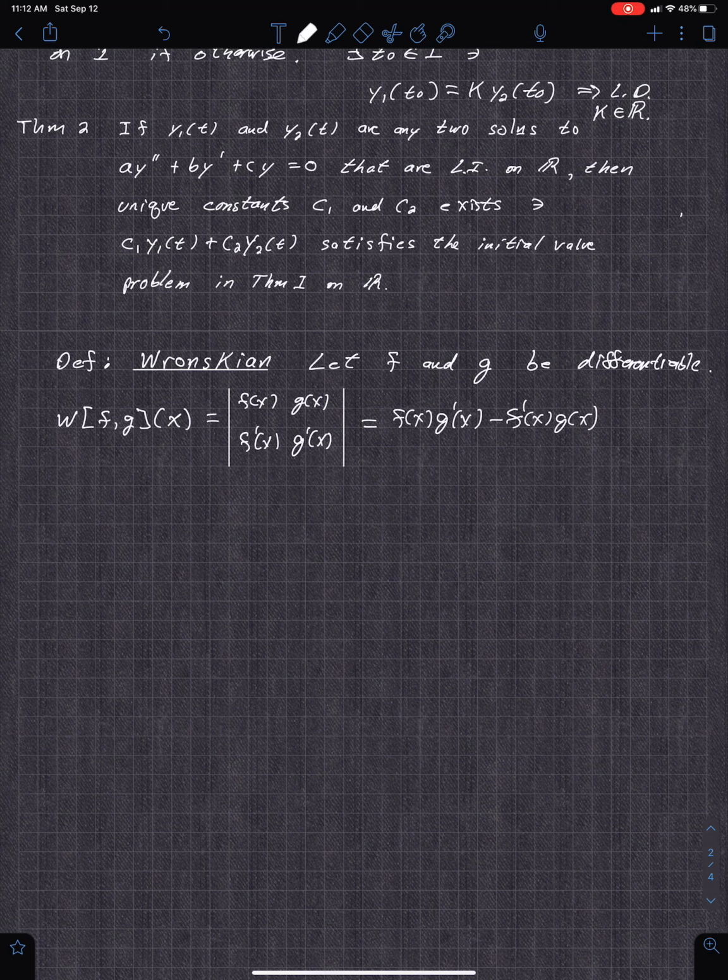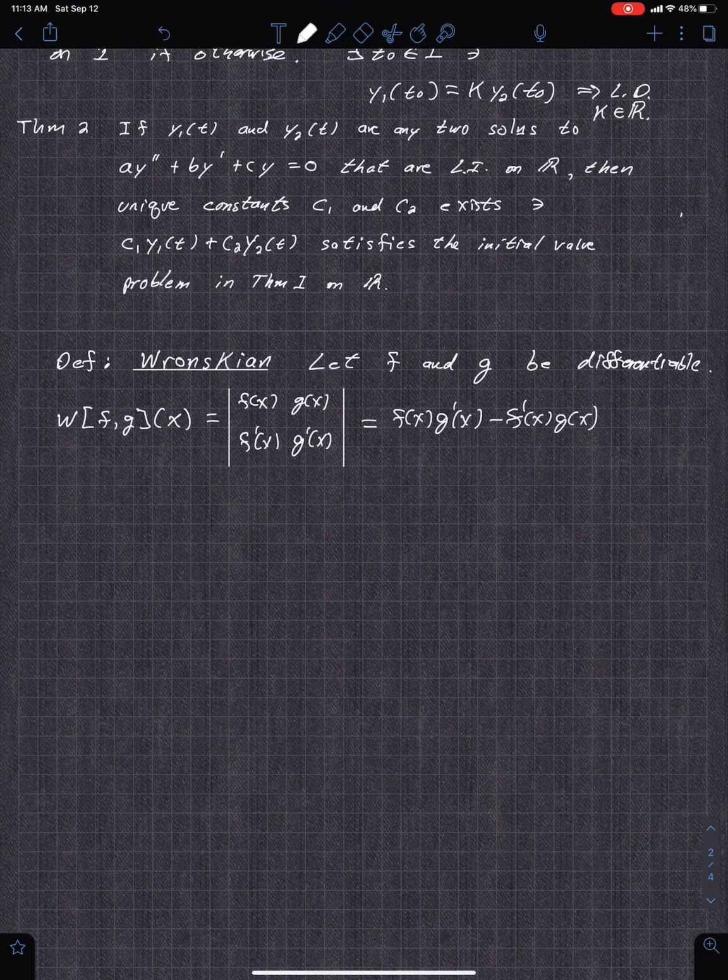This is really the same idea: you do that product minus this product. So that's how you define a Wronskian. You can do higher order Wronskians in the same format, where you'll have f, g, h, then f prime, g prime, h prime, and then f double prime, g double prime, h double prime, and you still do the same determinant.